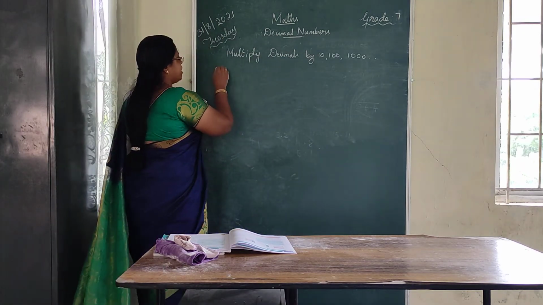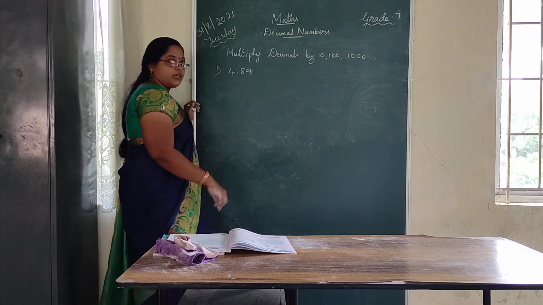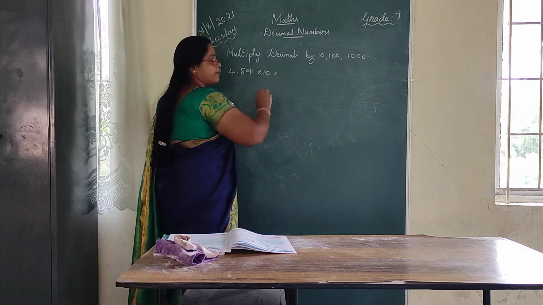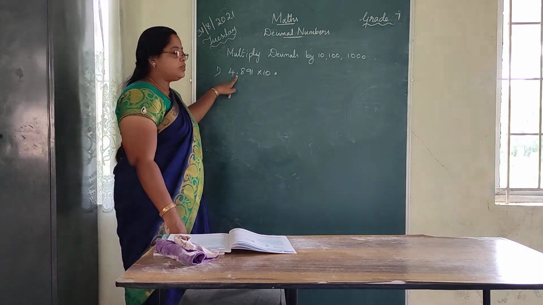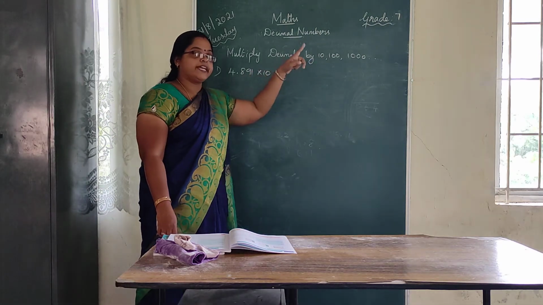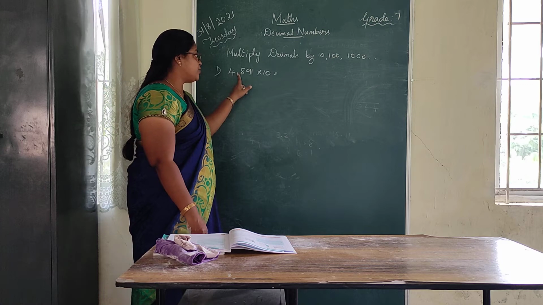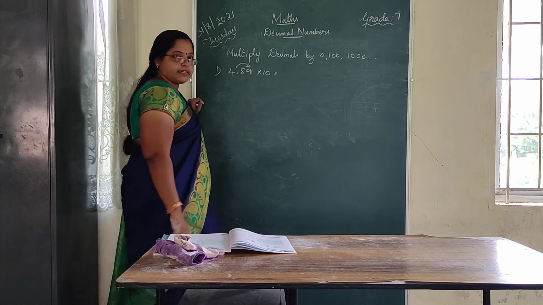Suppose we have a number 4.891, and we are going to multiply with 10. So I told you, if you are multiplying a decimal number by 10 or 100 or 1000 or 10,000, the point should move forward. Forward means right side, is it?